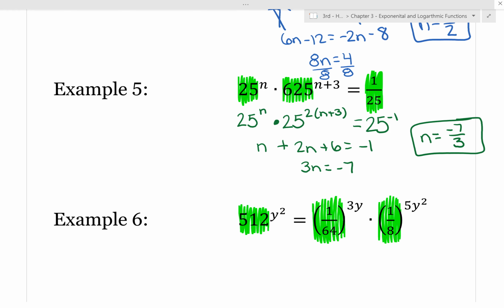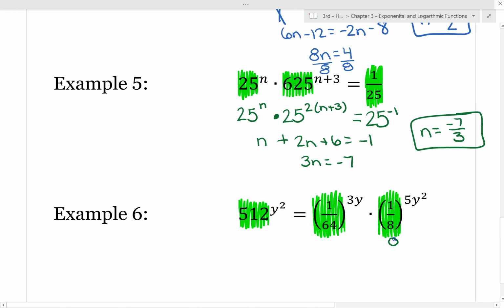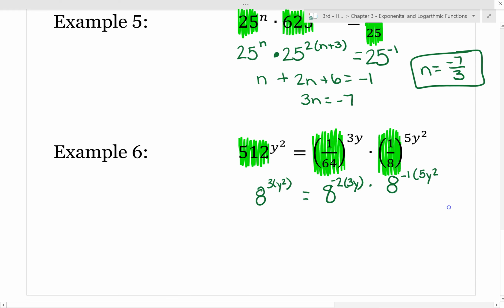Okay, so I use the one at the end because I know of an 8 to the negative 1 gives you the 1/8. I knew that 8 squared gave me 64, so it would be 8 to the negative 2 instead. And so I looked up the last one. 8 to the power of 3 gives you 512.